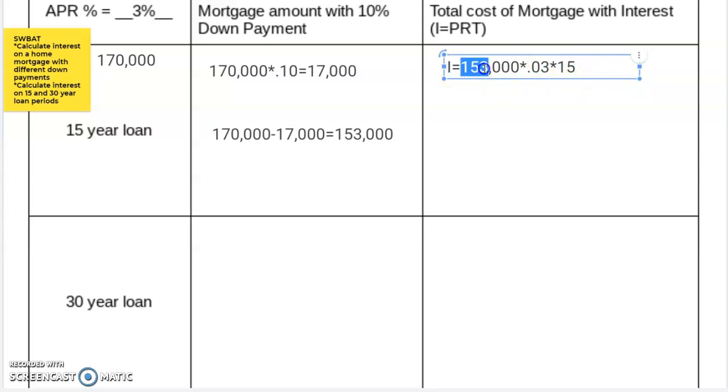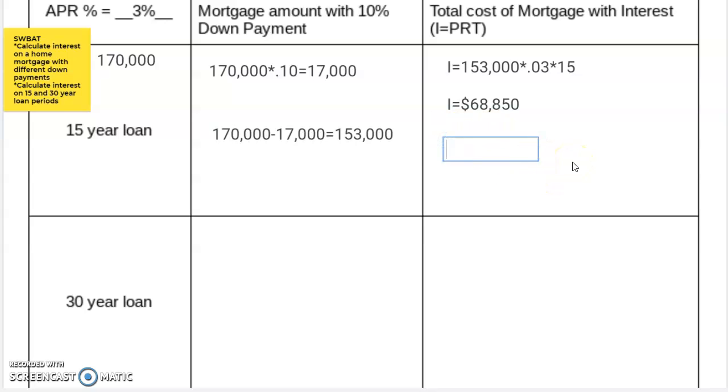So again, our principal is that $153,000, our rate, or R, is 0.03, and our time is 15 years, which is going to give us an interest amount of $68,850. And that is just for our interest. So almost $70,000 is going to go towards our interest payments.